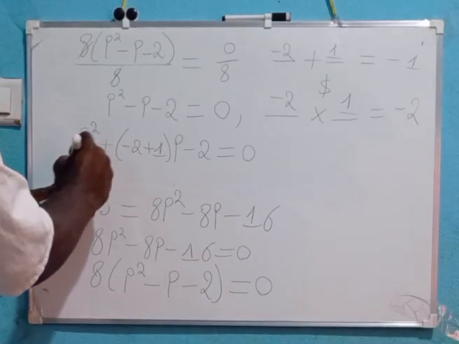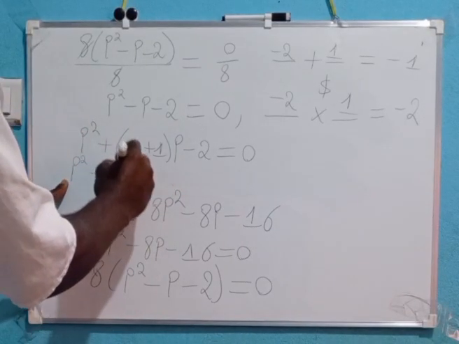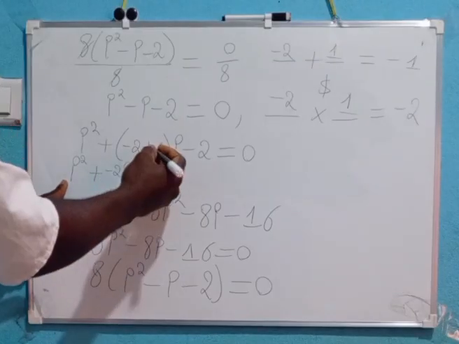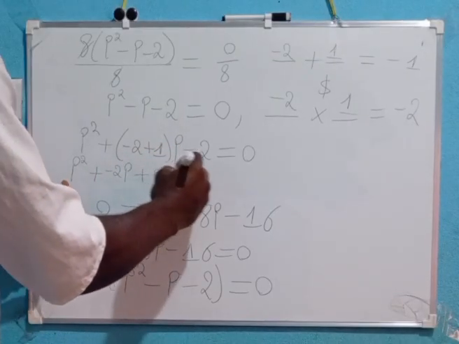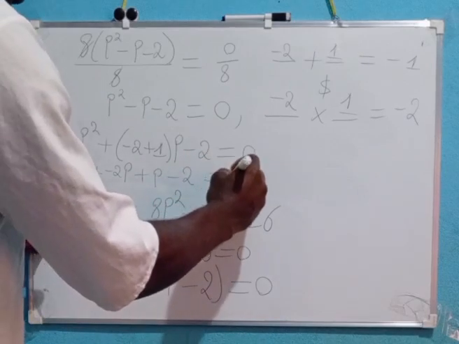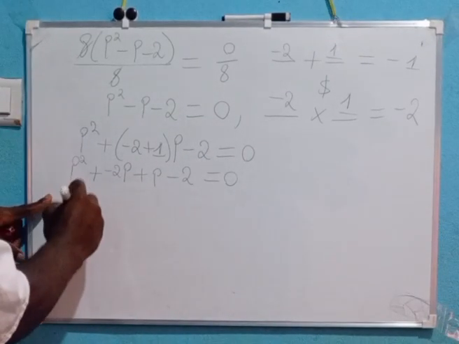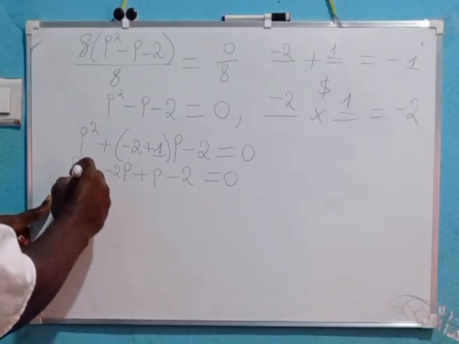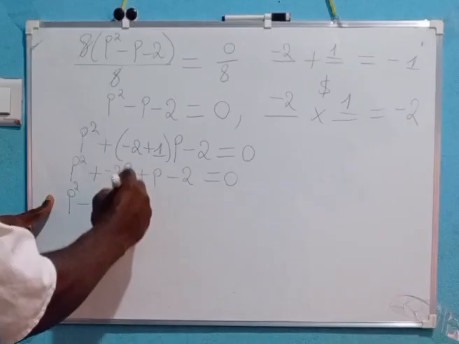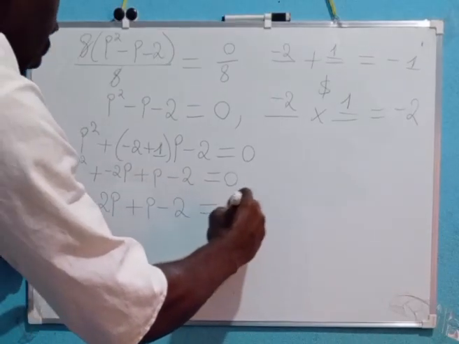This will give us p squared plus negative 2 times p gives us negative 2p plus 1 times p, which is p, minus 2 is equal to 0. This will give us p squared, positive, negative, negative stays, minus 2p plus p minus 2 is equal to 0.